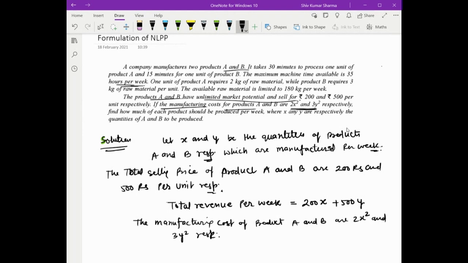So when the total revenue generated is 200x plus 500y and the manufacturing costs are 2x square and 3y square, what is the profit?